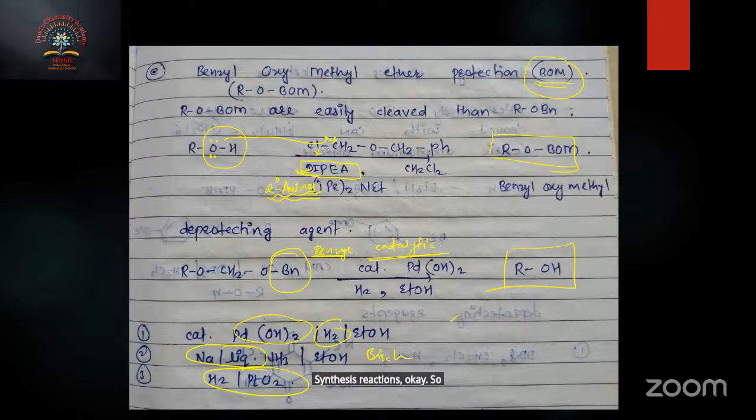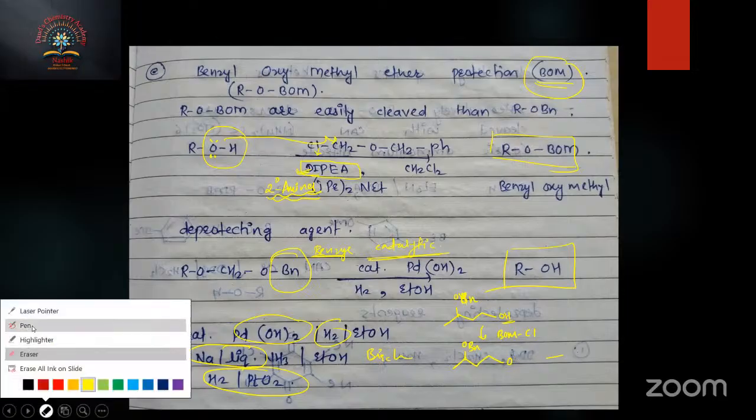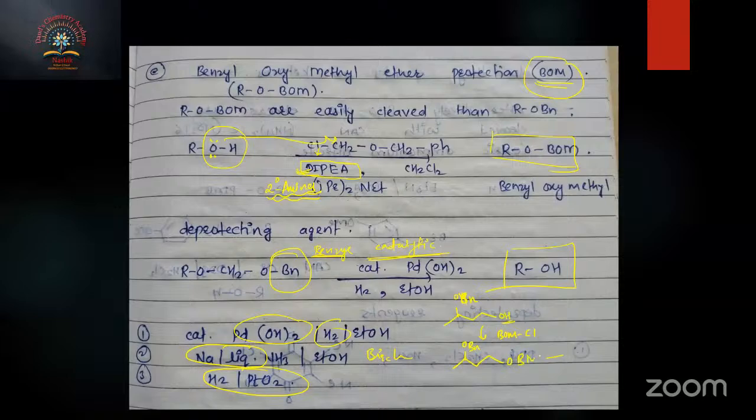so let us consider you have protected both OH groups. You have protected this OH by a normal benzyl group, and you are protecting this OH in terms of BOM here. So what will happen? You have to use selectivity over here, right?